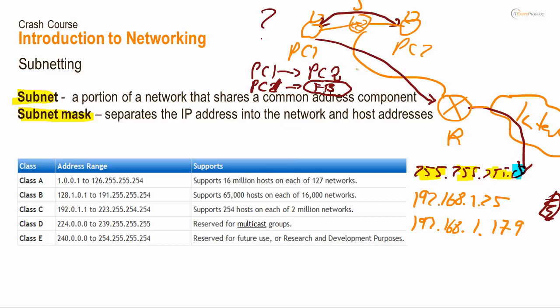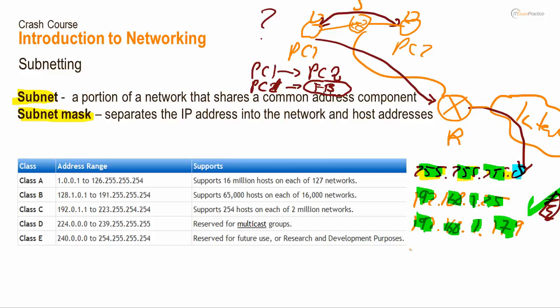Are they on the same subnet? Now, 255 means match. 192, 192, okay. 168, okay. The third octet, that's how we call it, is 1, yeah, that makes sense. And 0, I don't care. They do not have to match. It means, yes, they are on the same subnet.